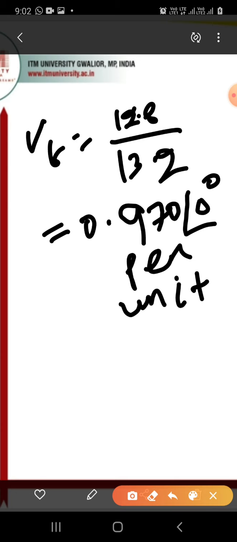So Vf is 0.970 per unit at an angle of 0 degrees.